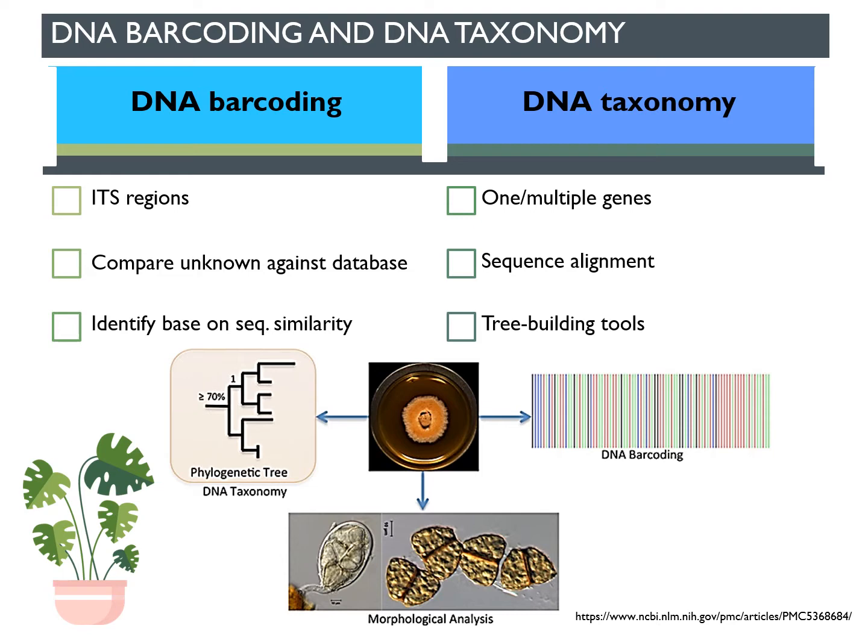And then you will need to identify based on the sequence similarity of your query sequence to the database. And for DNA taxonomy, this method can use one or multiple genes for identification by performing the sequence alignment, and then you will need to construct the tree using a variety of tree building tools.